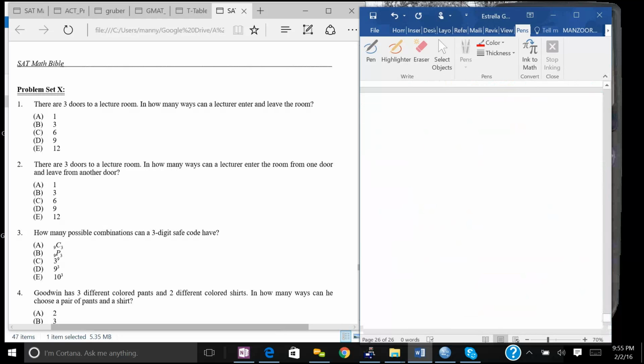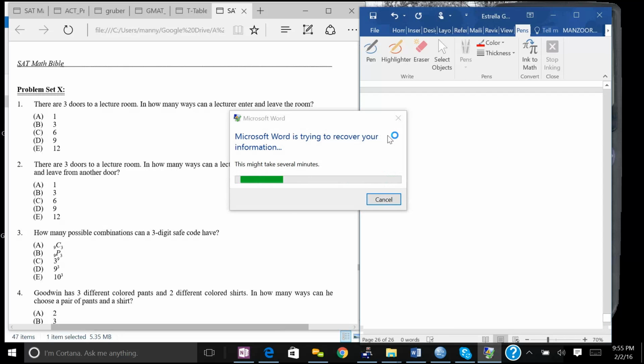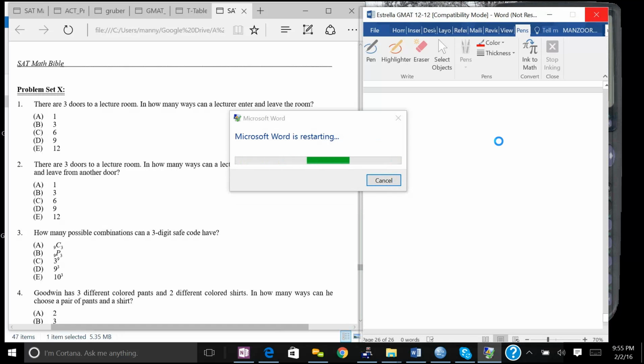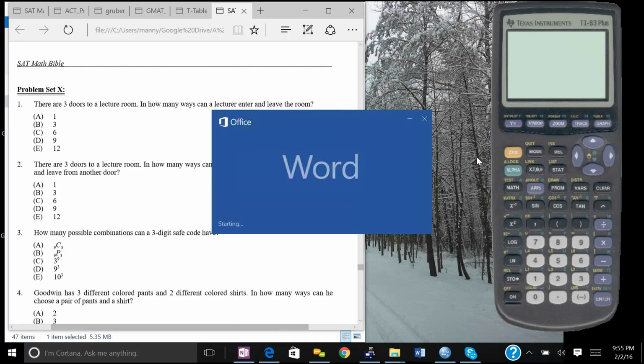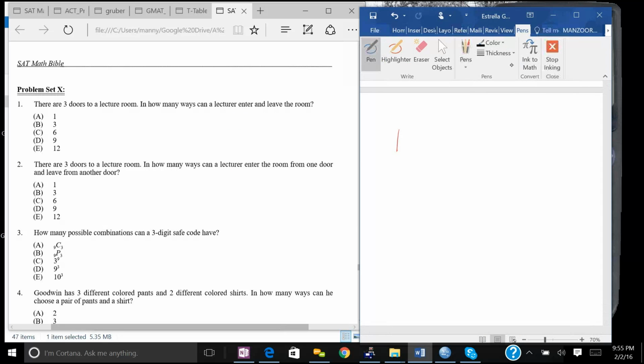I'll show you 2 different ways, okay? Think like this. You have 3 doors to come in.